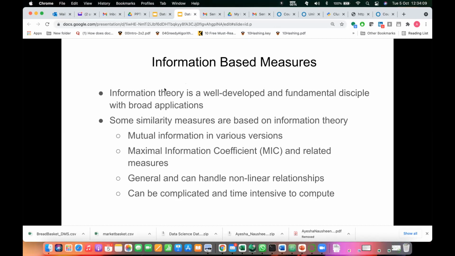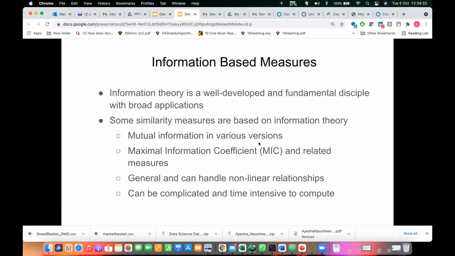Another type of measures: information-based measures. Information theory is a well-developed and fundamental discipline with broad applications. Some similarity measures are based on information theory. Mutual information, in various versions, is what we use in decision trees, along with entropy. So information-based measures are also important.